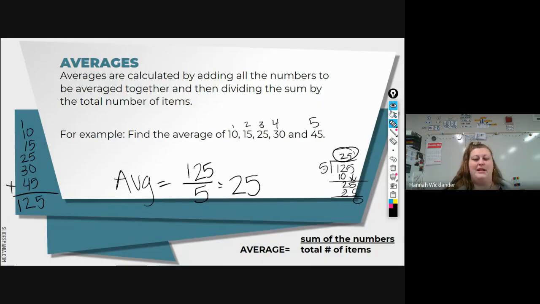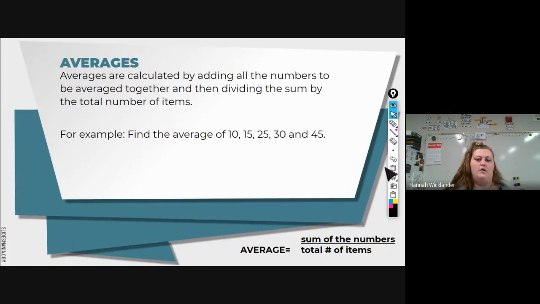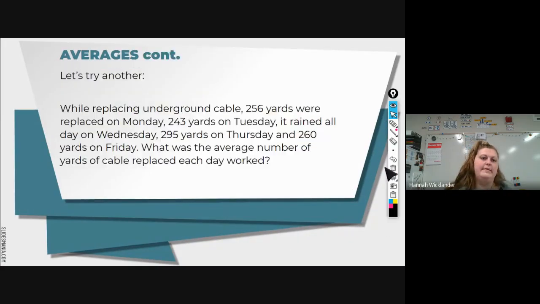Any questions on how I got my answer, or need me to go over a step again? Okay. This is what your homework assignment is going to look like. It's going to be a story problem that you have to find the average of.